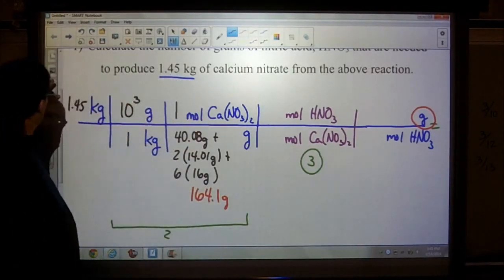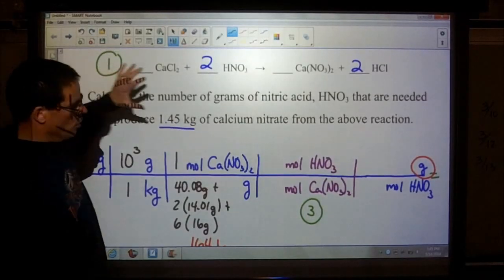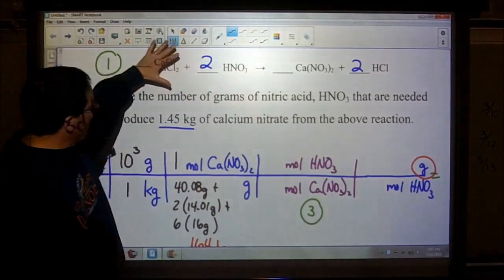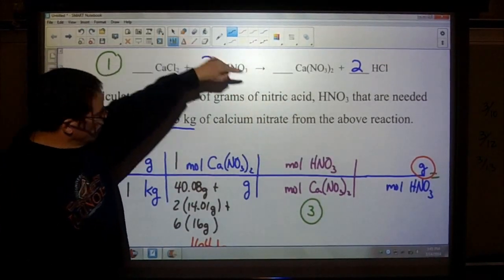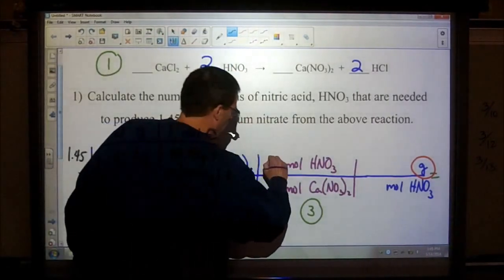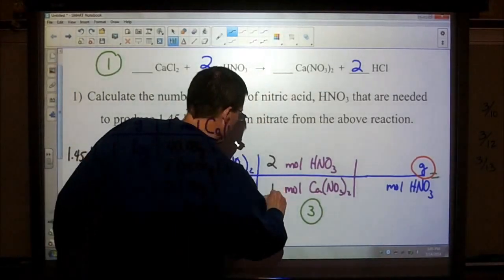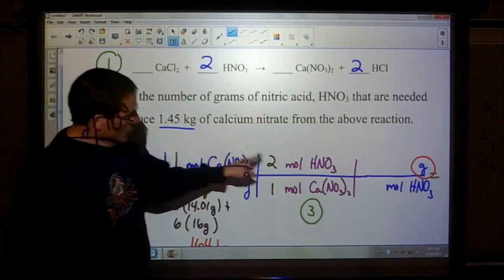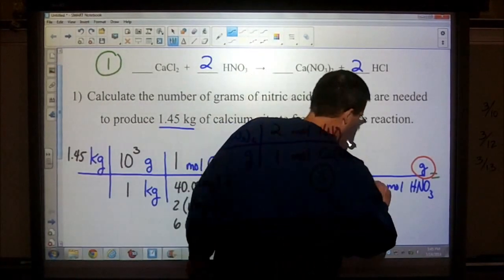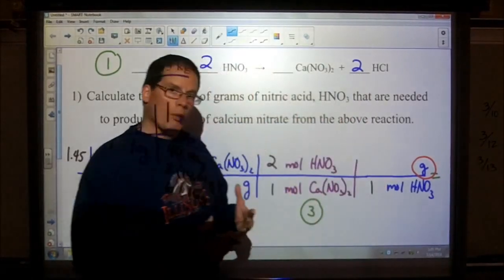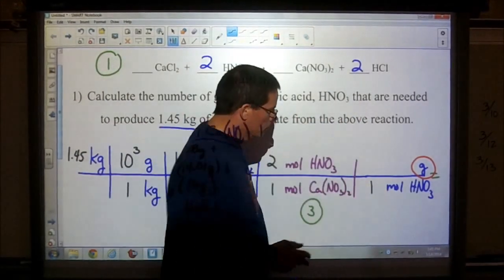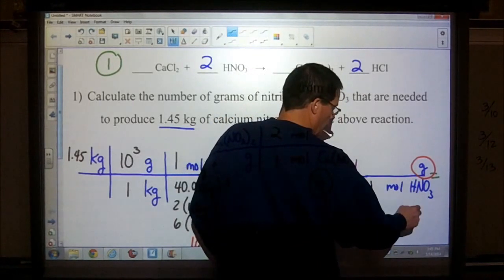So now we need to put our values in for the mole ratio, and for step 3, we go back to the balanced equation. So for nitric acid, there are 2. For the calcium nitrate, there is 1. Okay. Then we need to change that into grams, and again, from the periodic table, there's 1 mole, and then we need to find the molar mass.